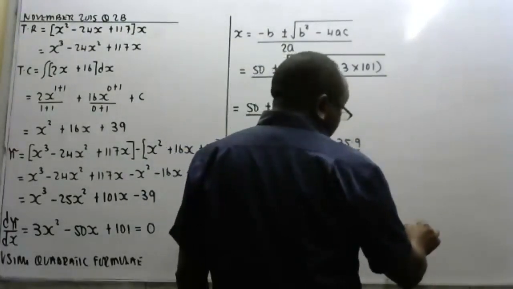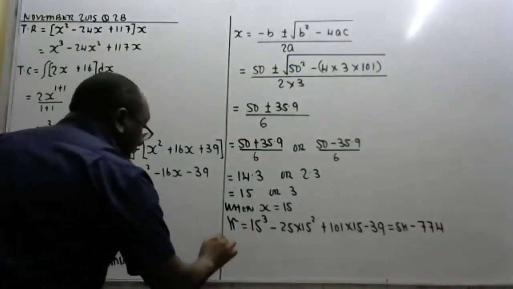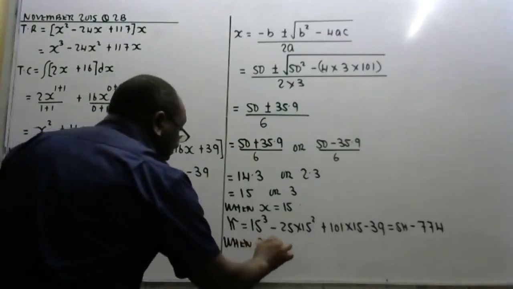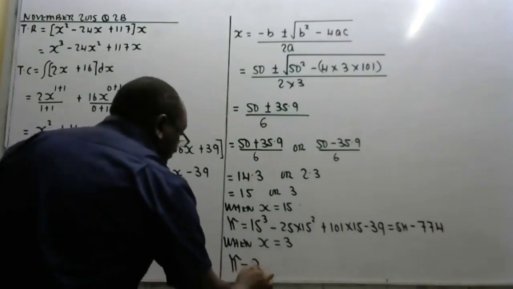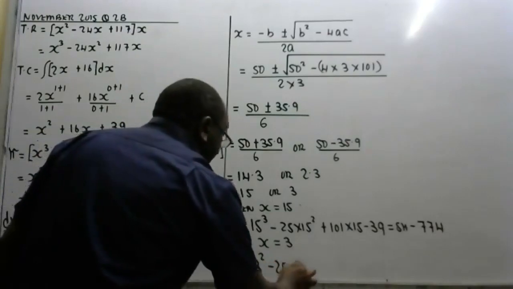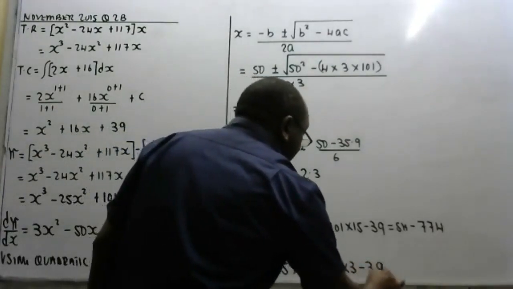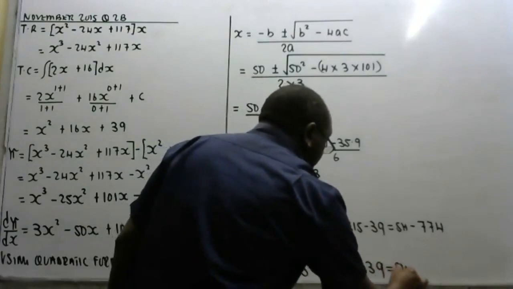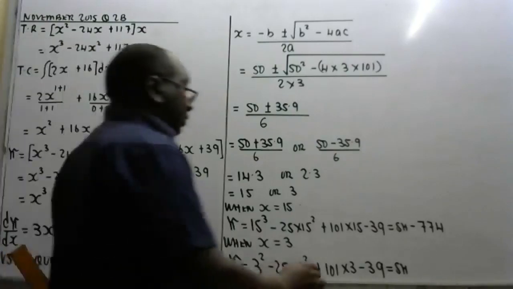That is negative 774. Then when x is 3, profit will be 3 cubed minus 25 times 3 squared plus 101 times 3 minus 39. That is positive 66.